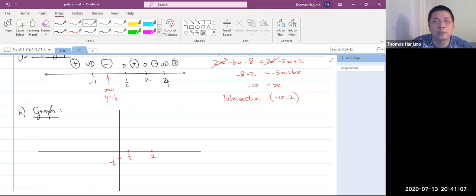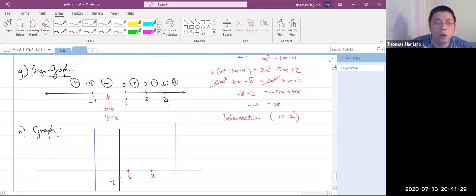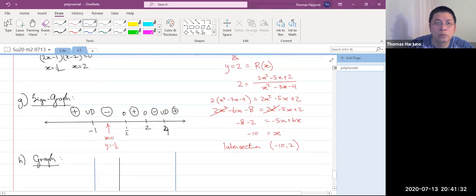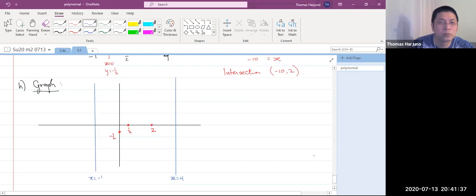For vertical asymptotes, x = 4 and x = -1. Horizontal asymptote, I think, is y = 2. The horizontal asymptote y = 2. I don't draw it to scale.